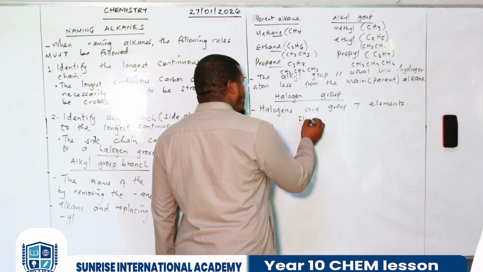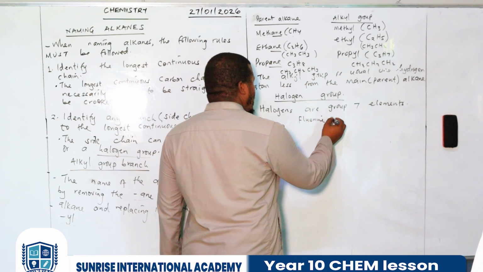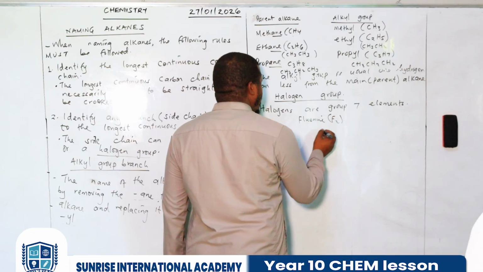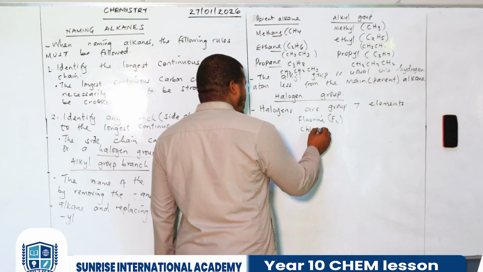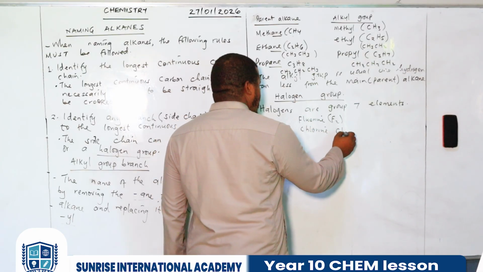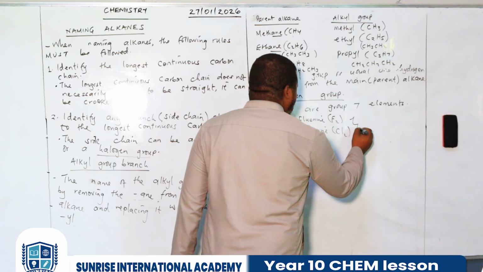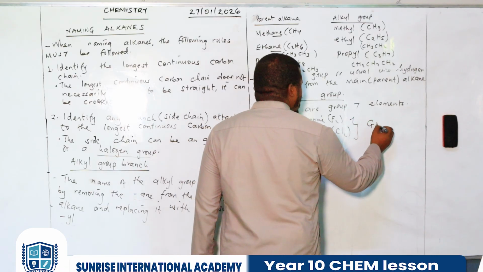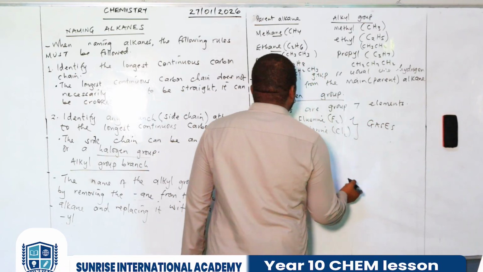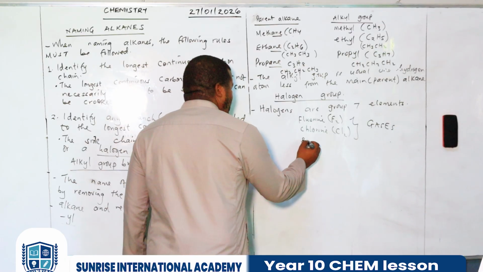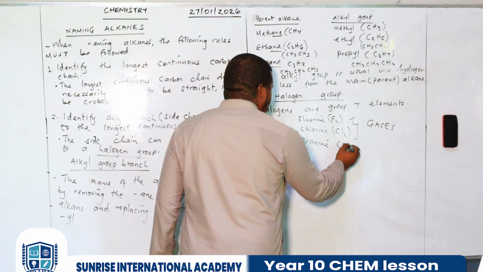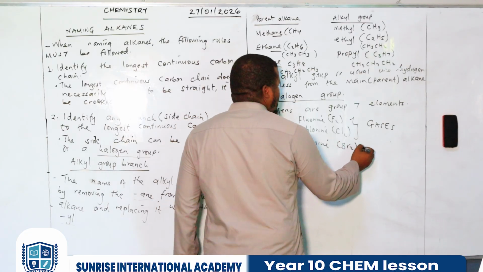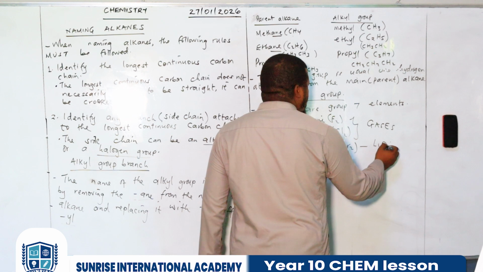Fluorine, F2, chlorine, Cl2. These two are gases. Go to bromine, Br2. This one is a liquid at room temperature.